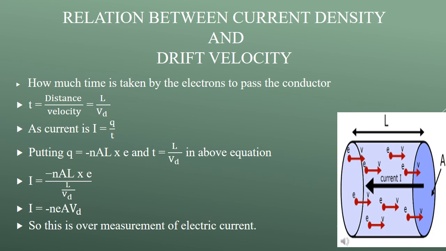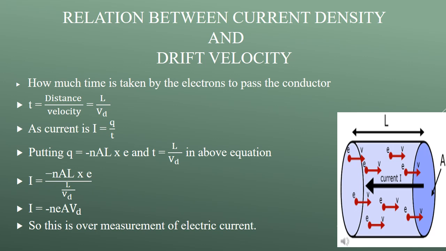So how much time has it taken? In kinematics, time is distance upon velocity, so t equals L upon vd. Now place this value of time and charge in the current formula, which is I equals Q upon t.